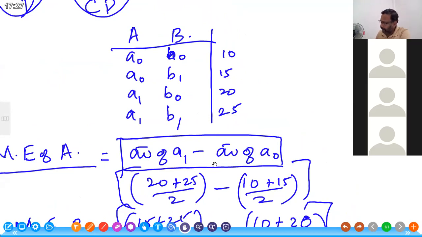So we can plot and see. If you want to calculate the interaction, A into B, can anyone suggest how we can calculate?